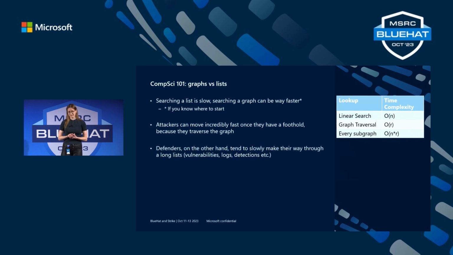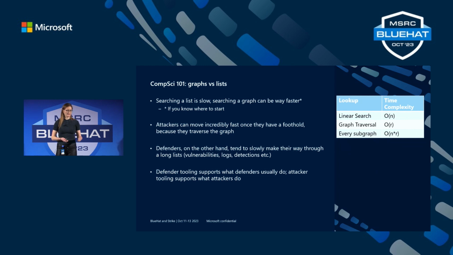Defenders can do this as well, but it quickly turns into a combinatorial explosion of options, because if we're still needing to enumerate through virtual machines and through the nodes, we need to search every subgraph. And this quickly becomes very hard to do by hand. And so we tend to revert back to dealing with lists because it's simpler computationally.